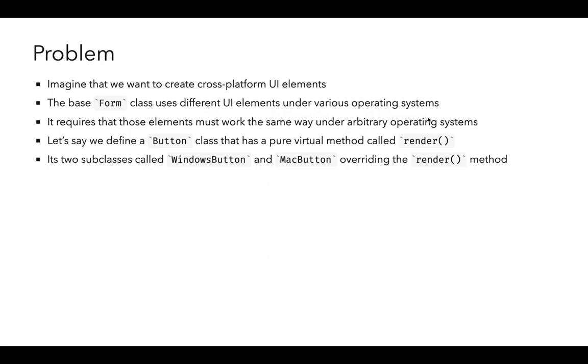Let's say we define a button class that has a pure virtual method called render. Its two subclasses will be called Windows button and Mac button, which will override the render method.